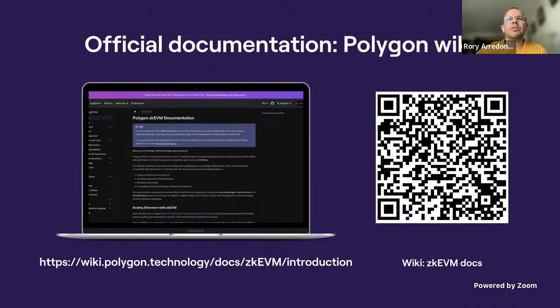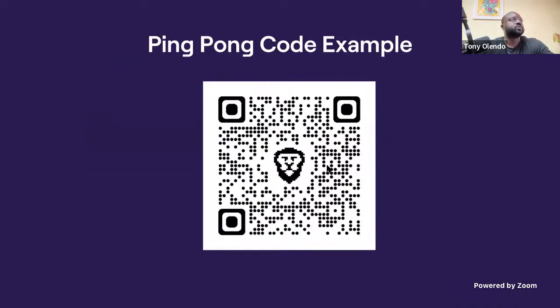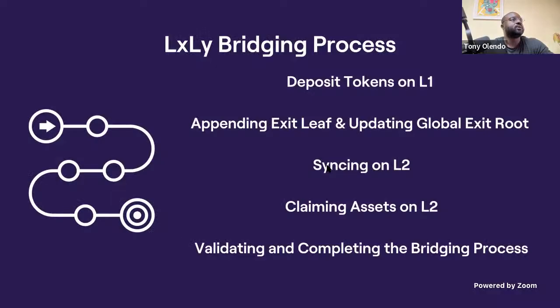Okay, and then the last question was, when we deposit on L1, how does the L2 know some funds were deposited on L1? All right, let me see. So the process here is essentially our sequencer appends a state root. We basically append the global exit root.